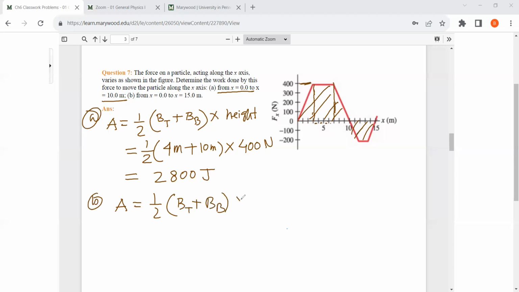this times height. Okay, so half, top is easy to understand, top base is 5 here, right? So this is 5 meter, plus the bottom is, so it looks like this one, and then this one, so from here to here is 2 meter, and then height is this one, right?